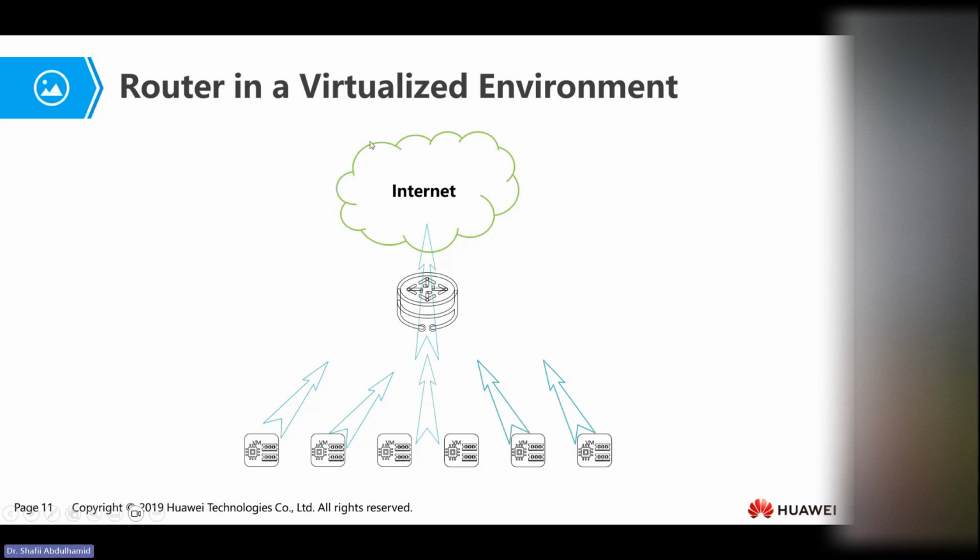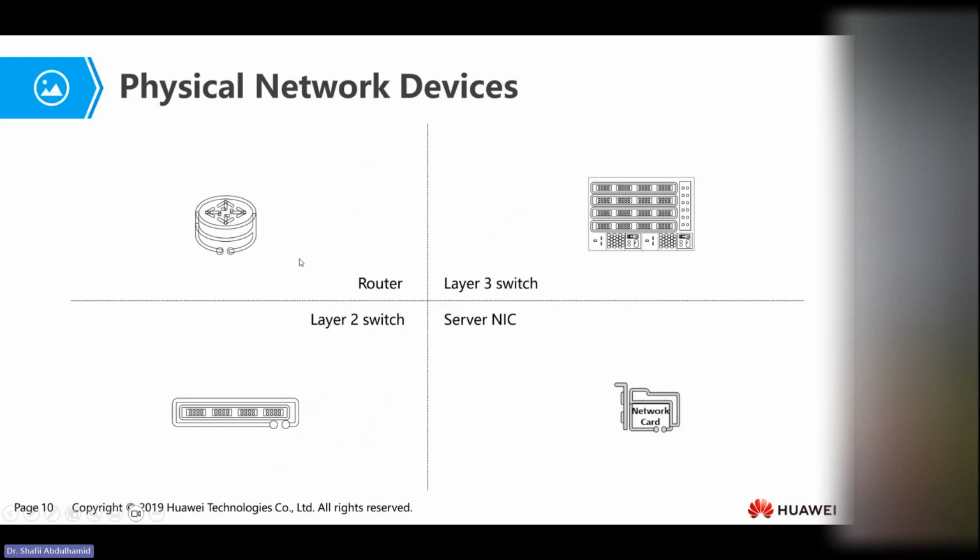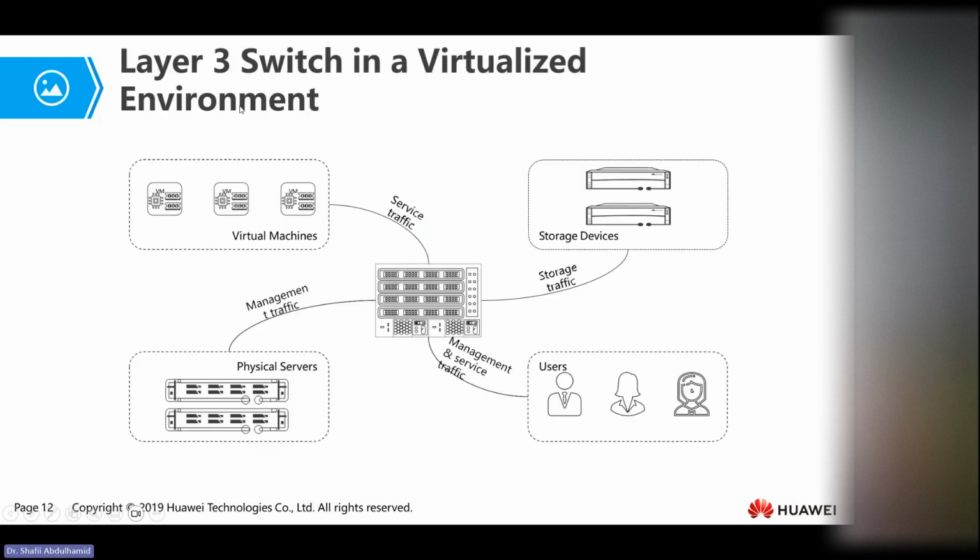So this is for router. Let's look at the switch, because we actually said router, layer 3 switch, layer 2 switch, and NIC. So we're going to look at the layer 3 switch now in a virtualized environment. This is a layer 3 switch, as we mentioned. Layer 3 switch can have a connection with your physical server. You can have another connection with other users.